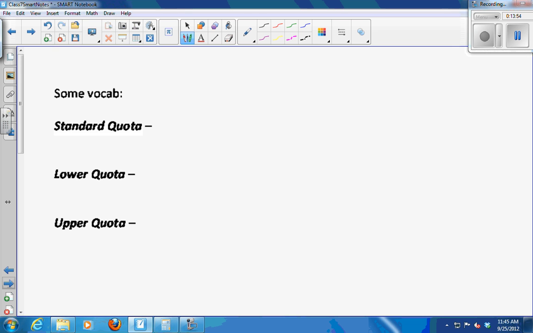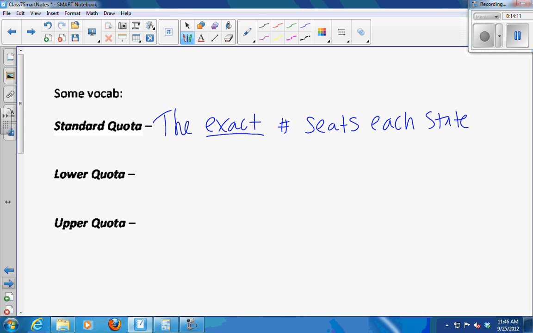Before I give you the first one, we'll do a little bit of vocab. First of all, a standard quota is the exact number of seats each state should get. No rounding. That's your standard quota, the exact number you deserve.